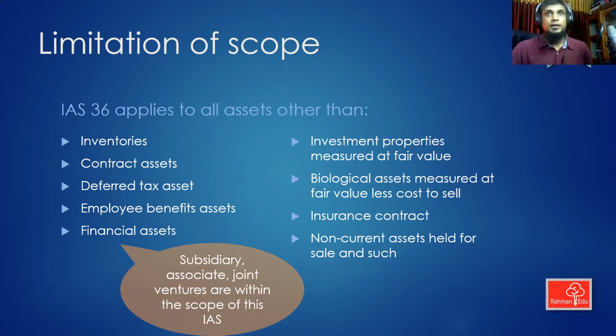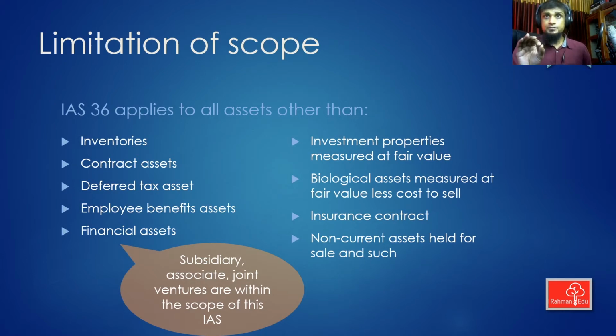Then number 3, deferred tax asset that is under IAS 12. Then we have employee benefit asset IAS 19, financial assets, those are like investment in normal bonds, investment in shares, etc. under IFRS 9.